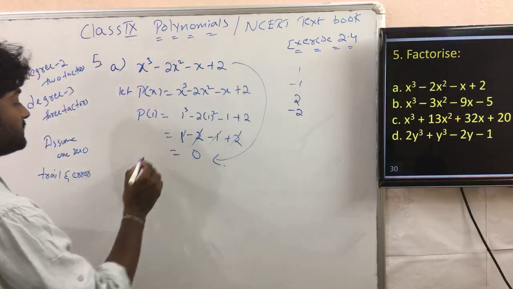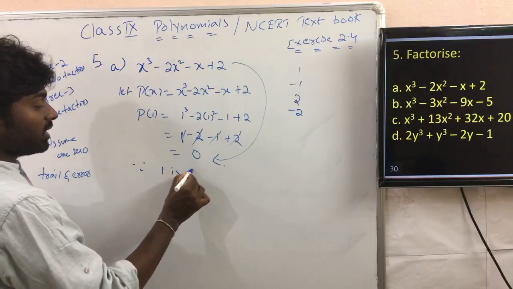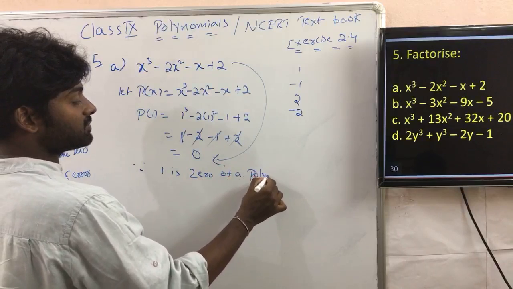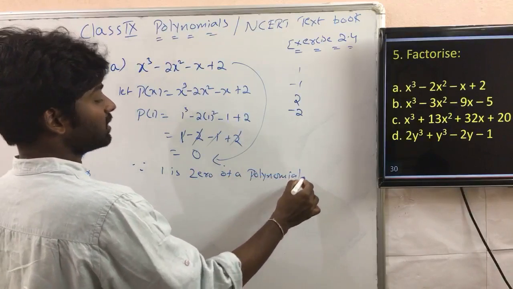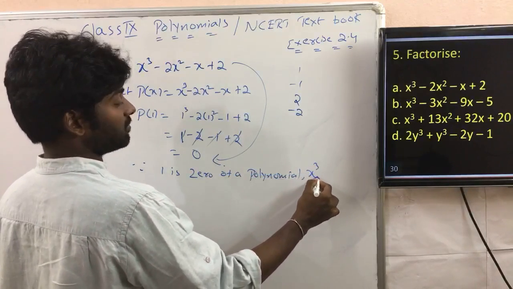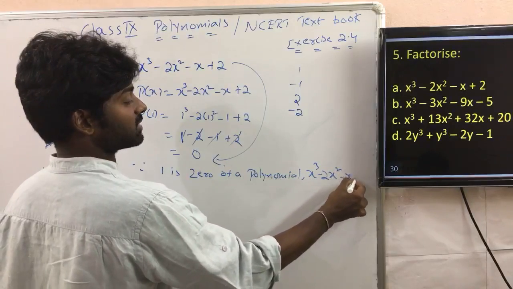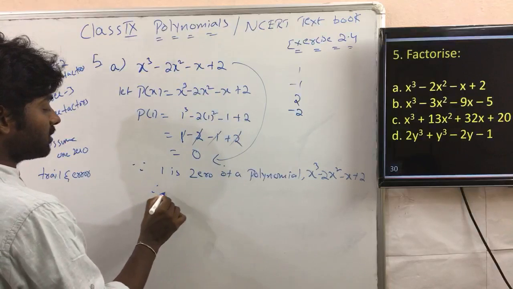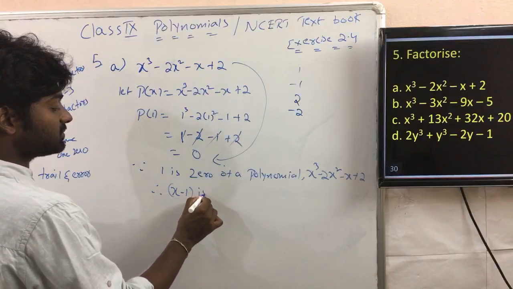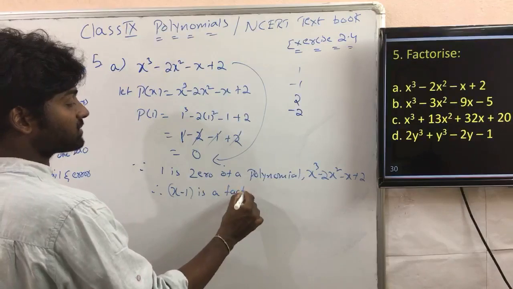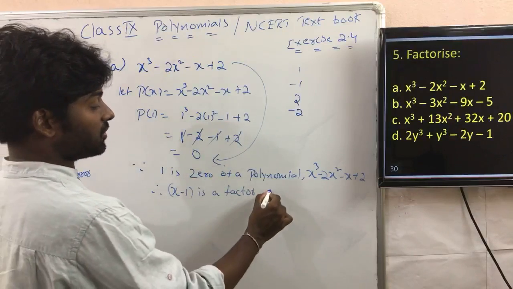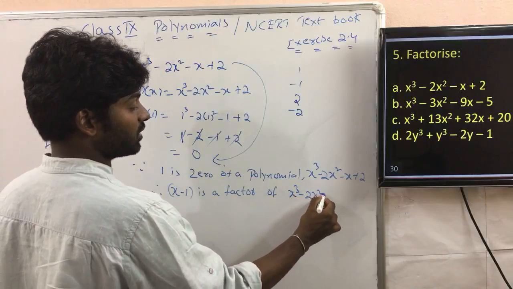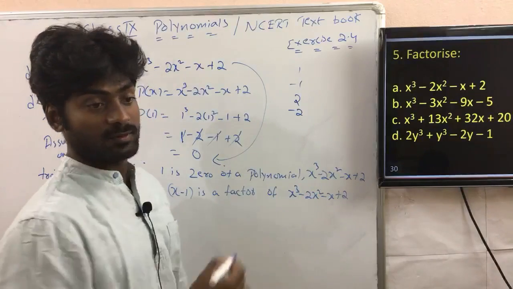That means I can write, since 1 is a zero of the polynomial x cube minus 2x square minus x plus 2, therefore x minus 1 is a factor of x cube minus 2x square minus x plus 2.